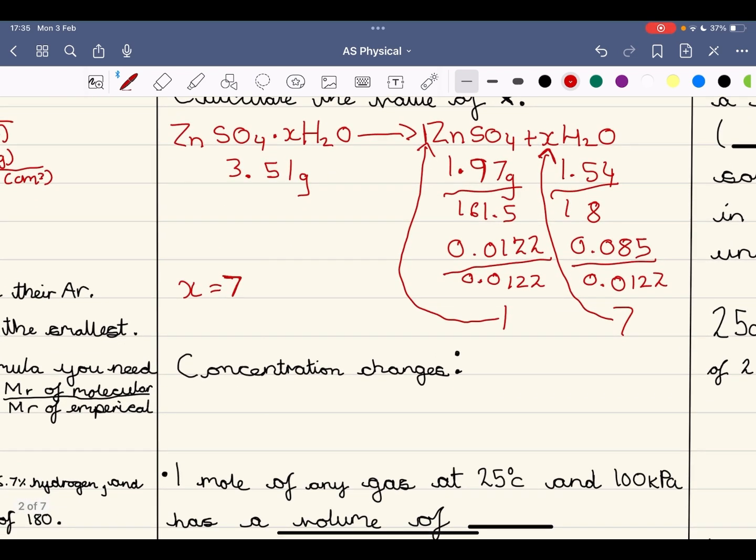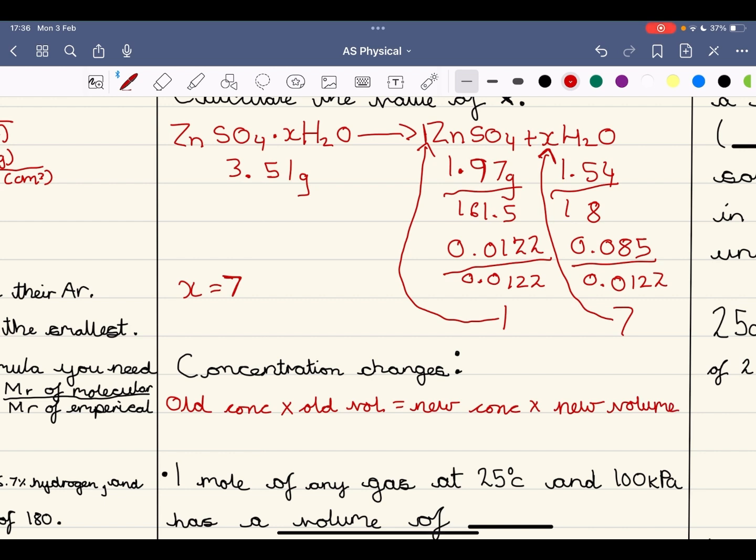Okay, so when you add distilled water to a solution, the concentration of the solution changes, and we can use this formula for this, which is old concentration times the old volume is equal to the new concentration times the new volume.